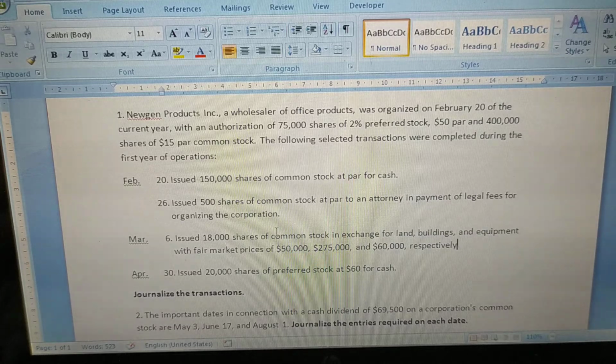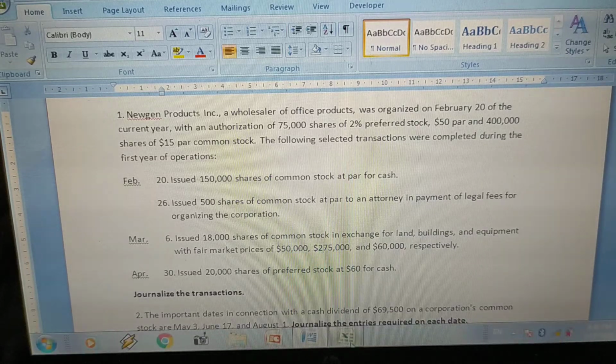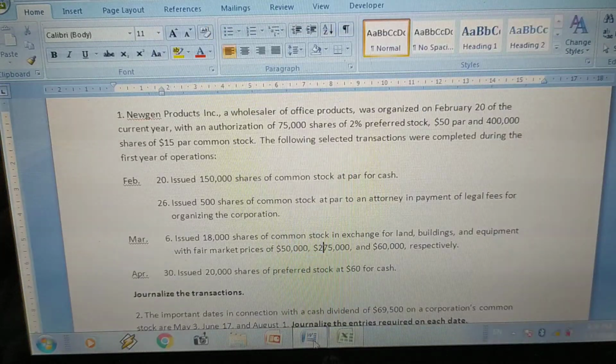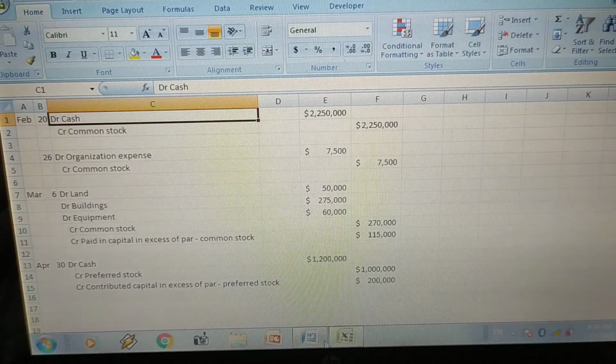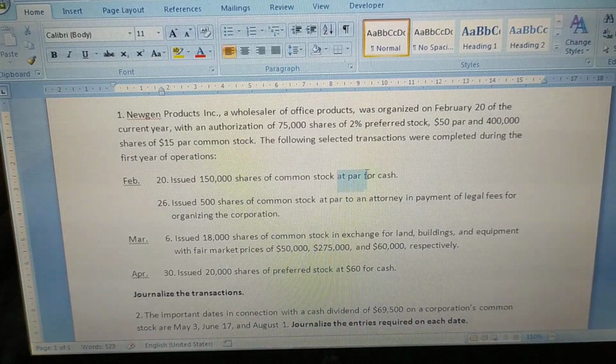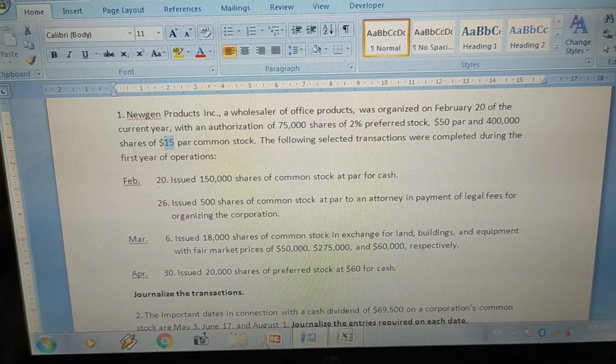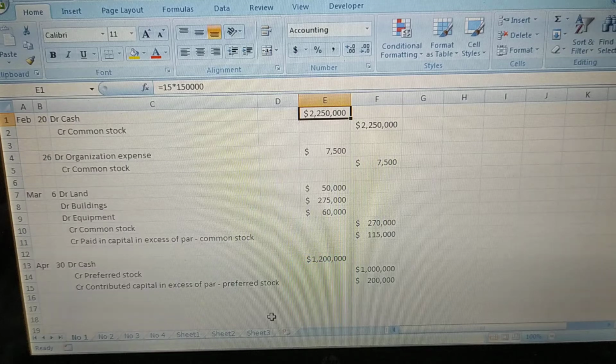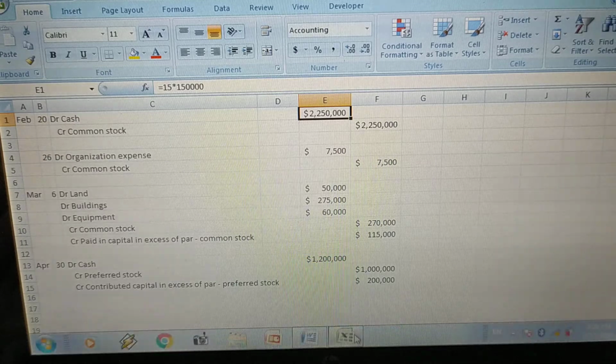It is very simple. We directly debit cash and then credit common stock. Remember it is at par, so we take the 150,000 shares times the $15. We get $2,250,000. That is for February 20th.